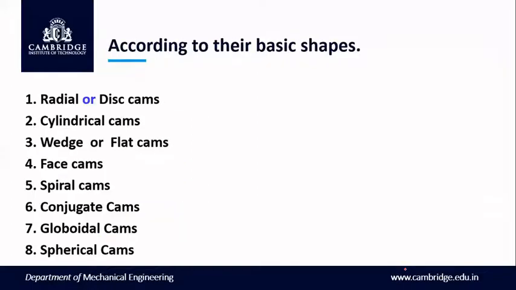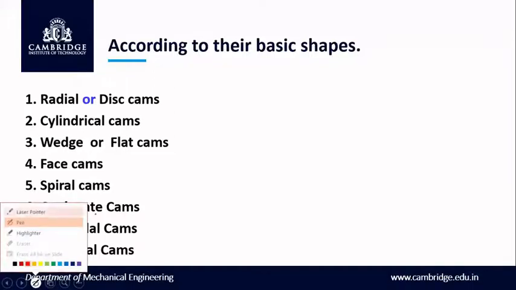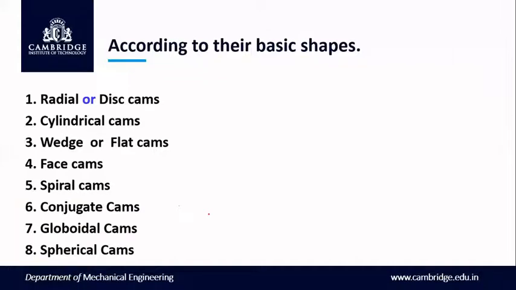According to their basic shapes, we have commonly 8 types of cams: radial, also called disc cams, cylindrical cams, wedge or flat cams, face cams, spiral cam, conjugate cam, globoidal cam, and spherical cam. Now, one by one, we are going to discuss these types of cams.